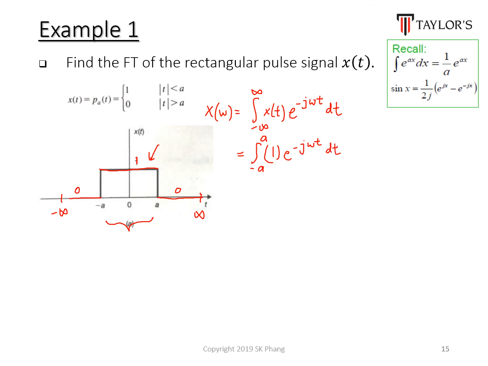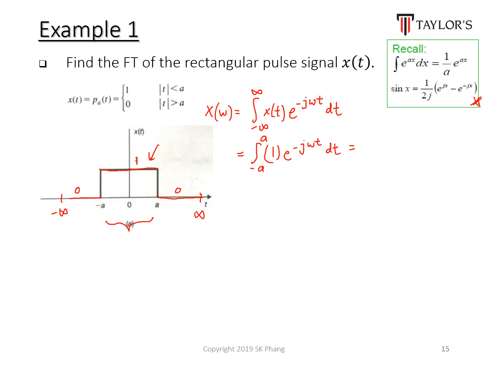Now let us try to handle this integration, and I've given you a clue over here. Most of the integration formulas will be given inside the integration table. Please refer to the table that I've uploaded on Times to see whether the formulas you are not familiar with are in the table.